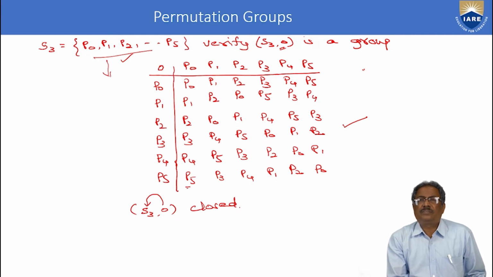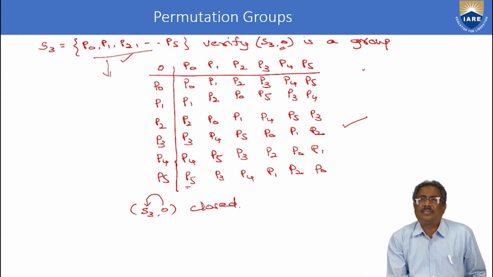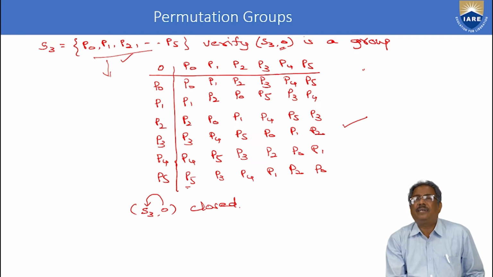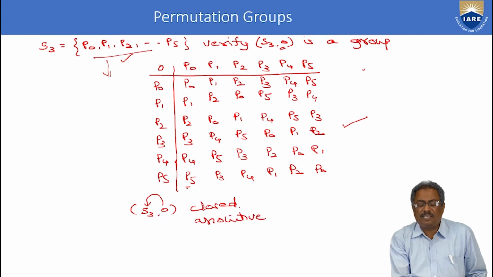And associativity: the composition of any three functions satisfies the associative law, so associativity is an obvious result. Now, which is the identity element?